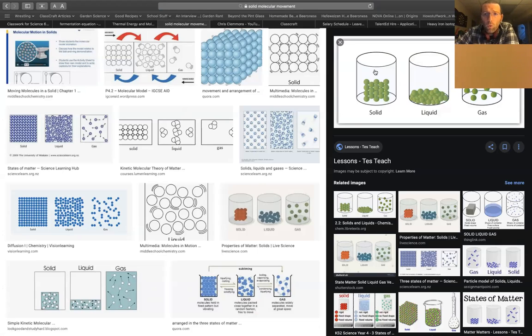With a solid, what I want to see in a solid drawing is that maybe it's in a container, but that it is all stuck together and it is not changing its shape even though it's in a container. Because, and I'm going to give you the description for a solid now, solids have a fixed rigid structure.